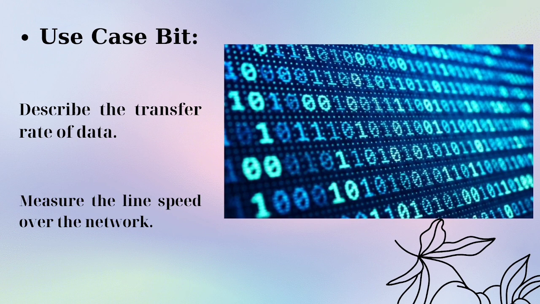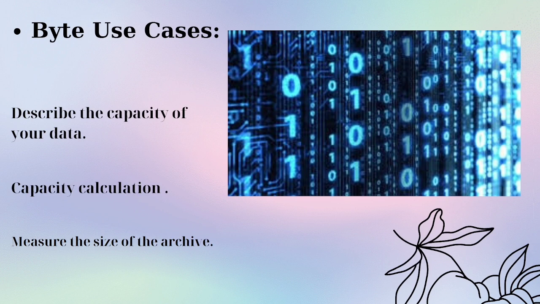The units are kilobit per second, megabit per second, gigabit per second. Byte is used to describe the magnitude and capacity of data and storage devices, and also to describe the data transfer rate.